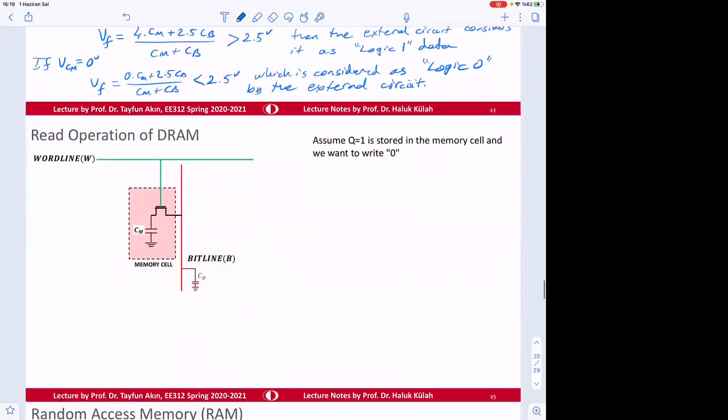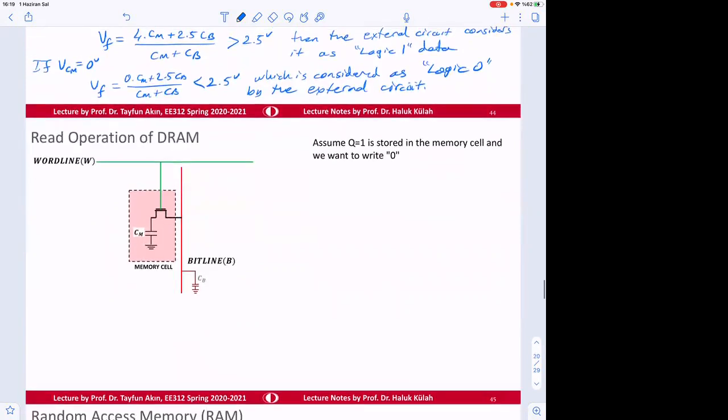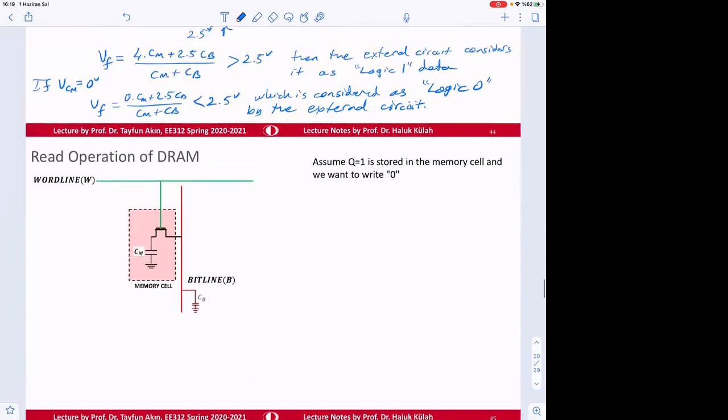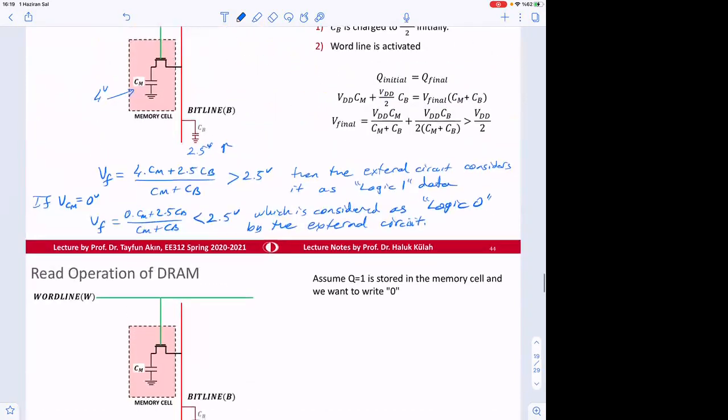So this is how we write and read. Unfortunately, when you read it, the data is lost.